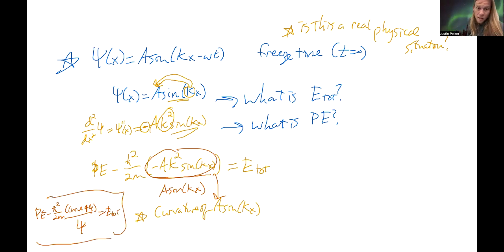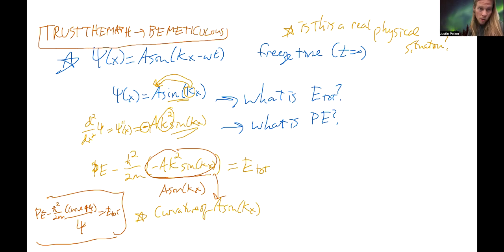Potential energy, here's kinetic energy, here's E total. Now, how is this kinetic energy? Again, this is a mathematical model that works. Trust the math. And be meticulous. We're going to go slow through these questions, and we're just going to do a bunch, right?